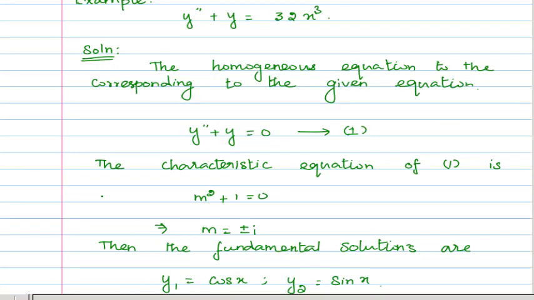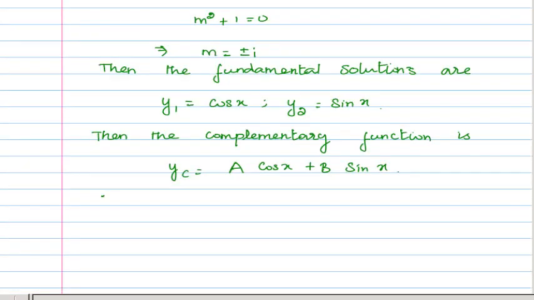The degree of the polynomial p of x is 3. Because 1 and x are not part of the fundamental solution, you assume that yp is c0 times x cube plus c1 times x square plus c2 times x plus c3.